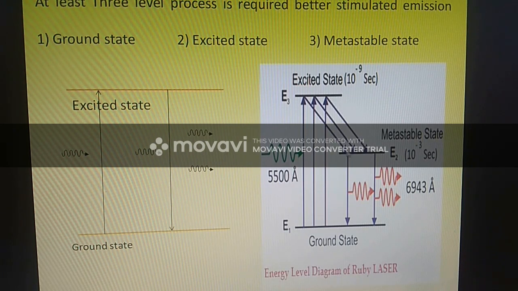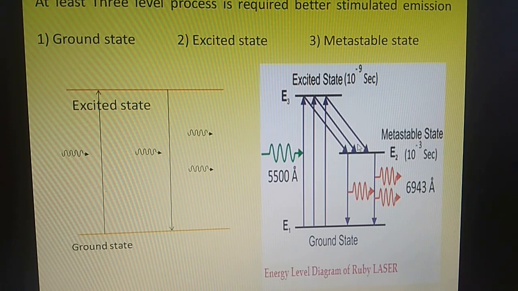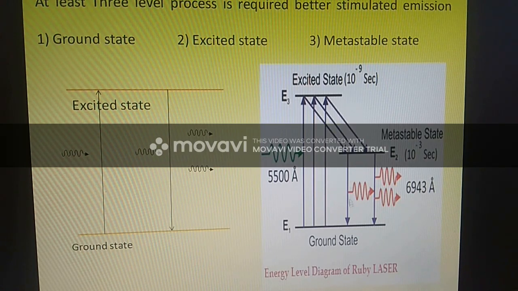So at that time more and more electrons go to the excited state and settle in the metastable state. Within this 1 millisecond, all the electrons at a time come back to the ground state by the emission of a large number of coherent photons.